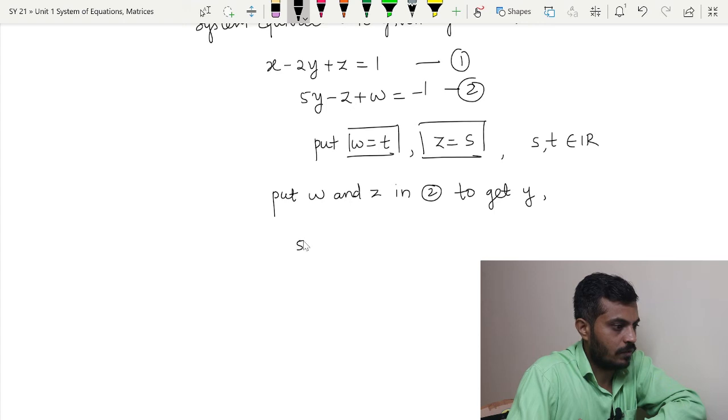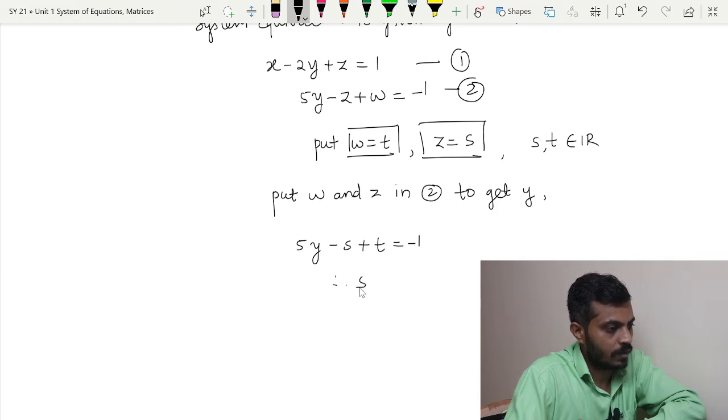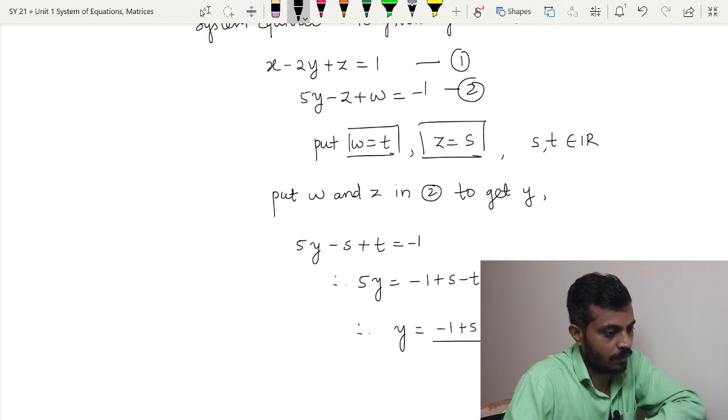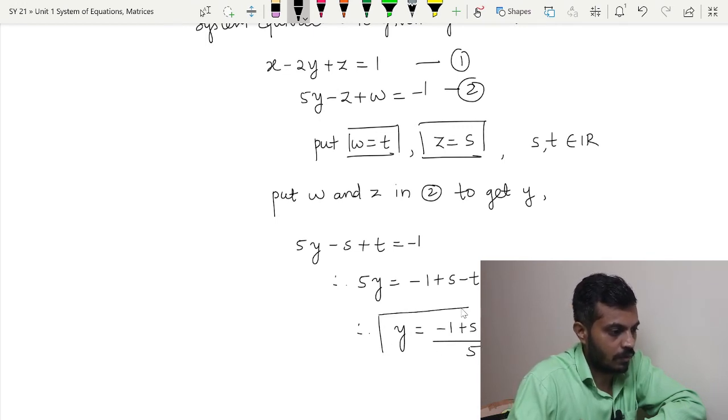So, 5y plus s plus t will be equal to minus 1. Therefore, 5y is equal to minus 1 plus s minus t, and therefore, our y is equal to minus 1 plus s minus t upon 5. So, that is our value of y.